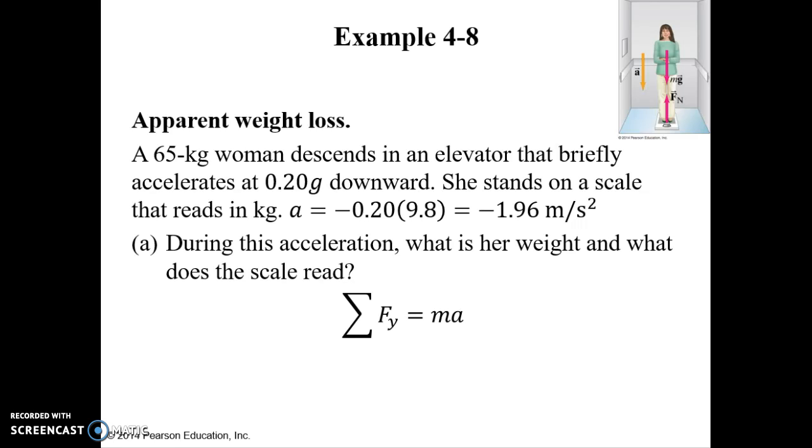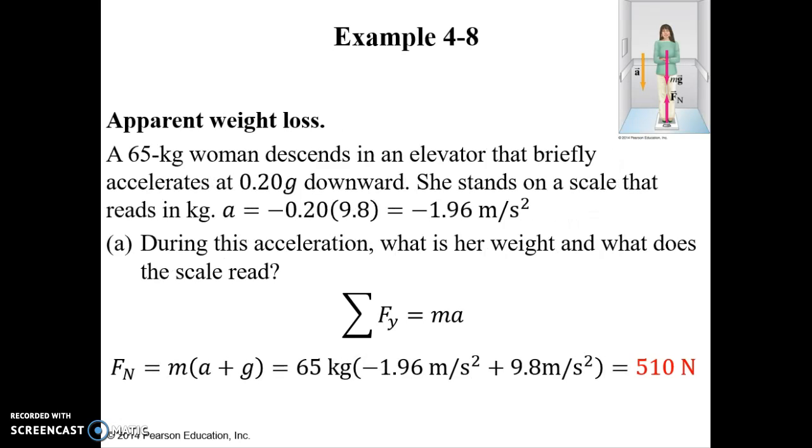With the elevator accelerating downward, we have the sum of the forces in the y direction equal ma. Our forces in the y direction are a normal force pointing up and weight pointing down. Solve for the normal force and factor out mass to simplify the equation. Note that this step is not necessary.